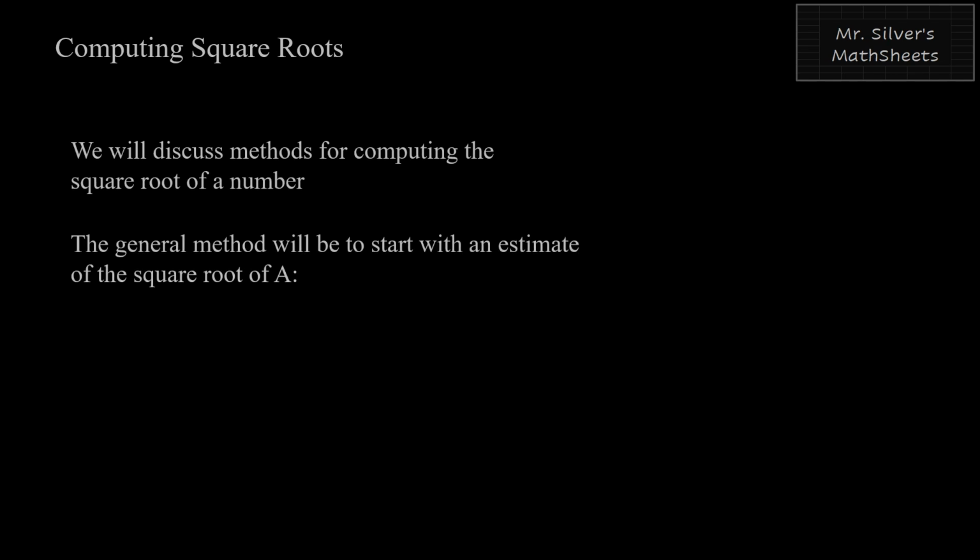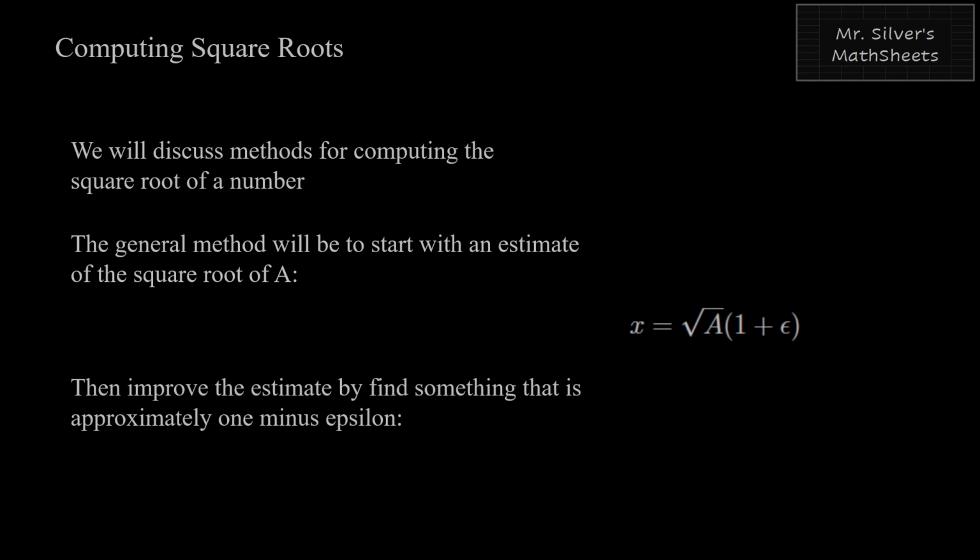All these methods have a basic common thread through them. You start with an estimate that has a certain amount of error, and you reduce that error by finding a function g of epsilon that is approximately 1 minus epsilon. And when we get into various methods, we'll talk about what that means.